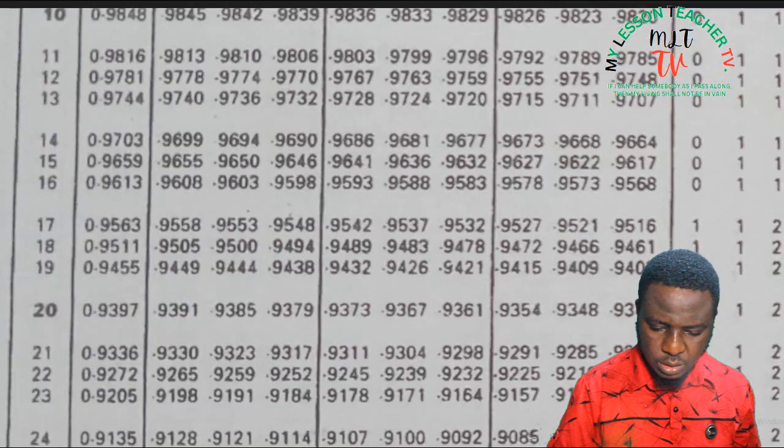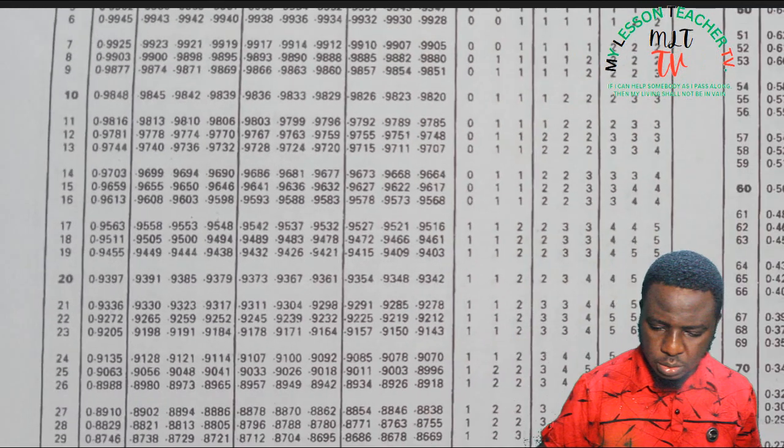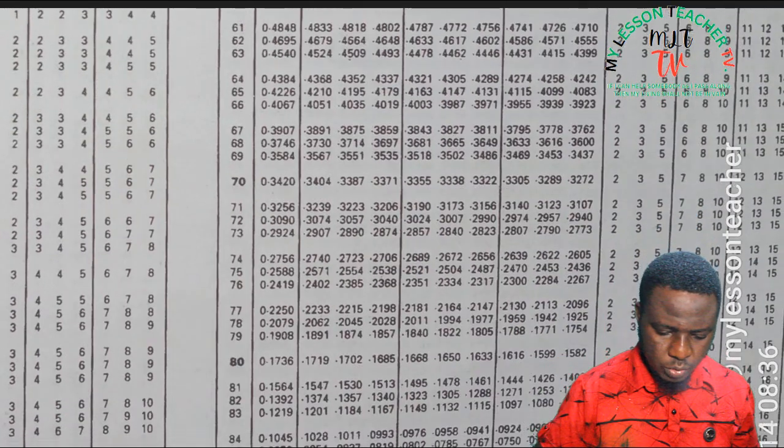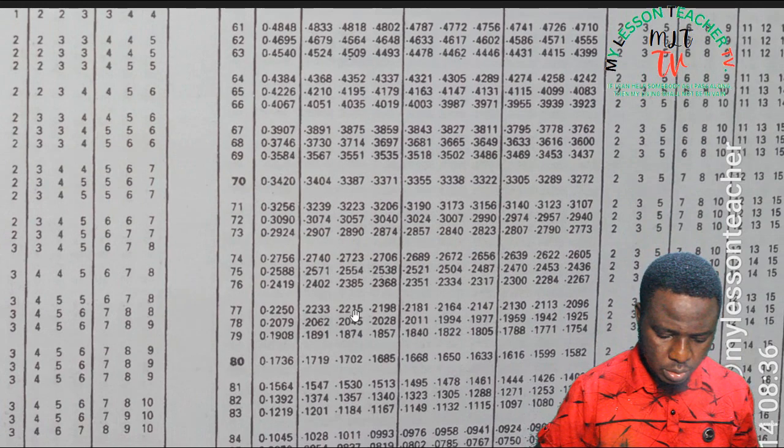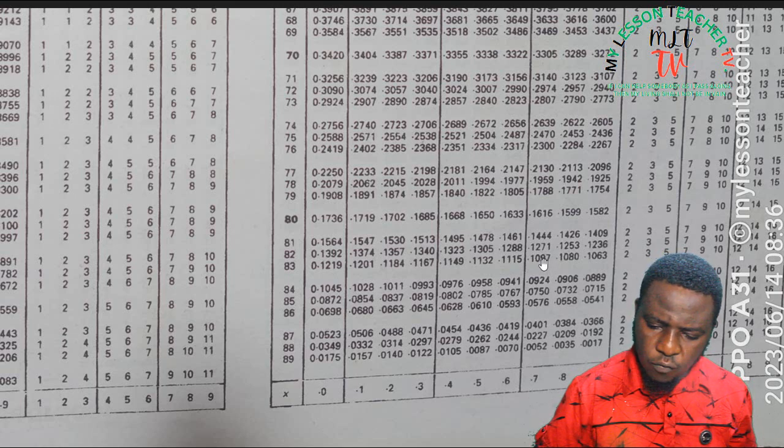We have 0.1111. So we look for 0.11. 0.11 should be somewhere close to 90. I have 1097. So I'm looking for a difference of 4 to give me 0.1111.